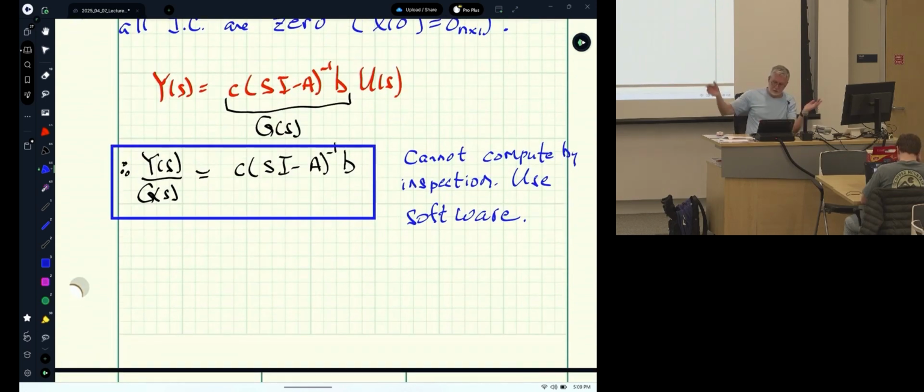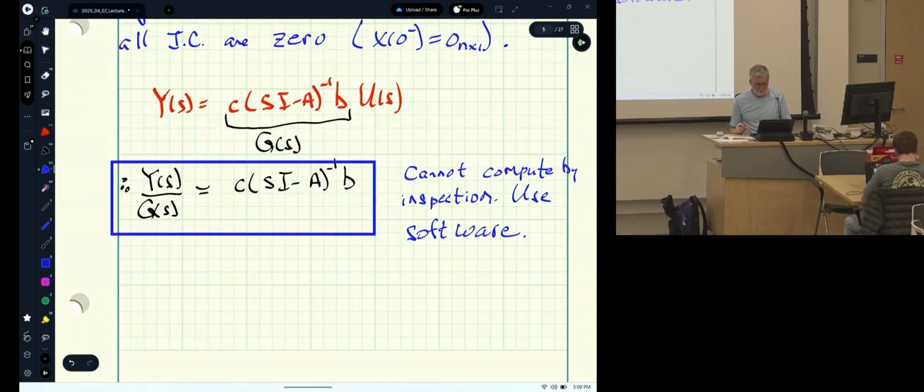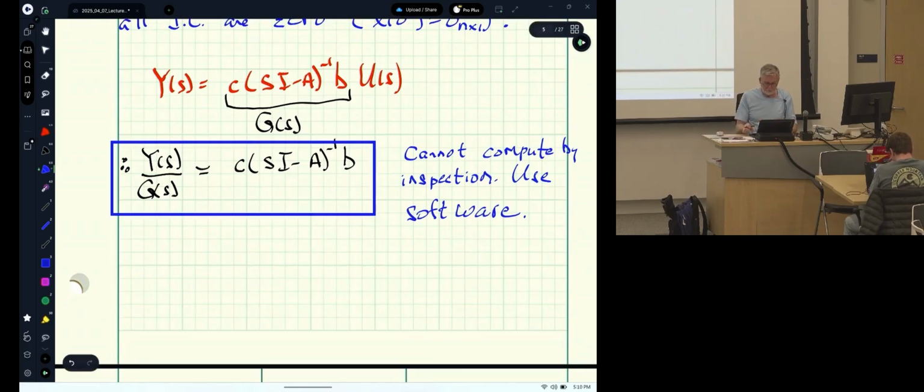But you can imagine we use SymPy, we define the Laplace variable, and then we do a little bit of manipulation. Okay, and it doesn't look like it's a rational function of s unless you know a lot about matrix inverses and minors and et cetera, but it is, as we'll see when we do actual computations.